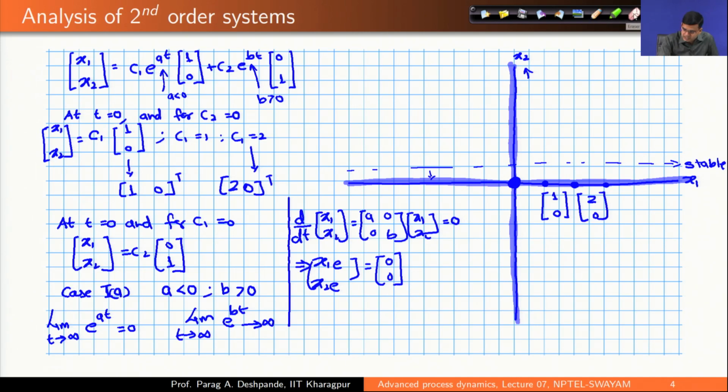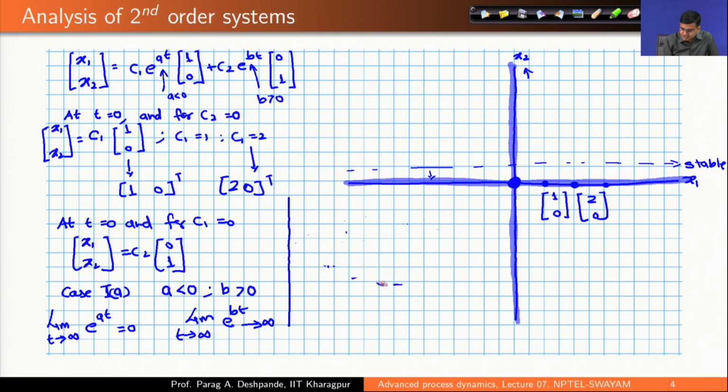Okay. And then what I see is that along the x 1 axis, the system converges, and along the x 2 axis the system diverges. So, how do I draw the direction of the time? The problem in this particular diagram is that there is no time, there is only x 1 and x 2. Okay. So, let me draw the phase portrait elegantly.